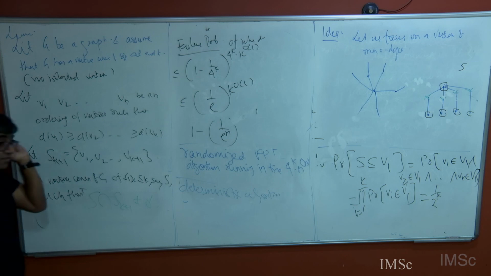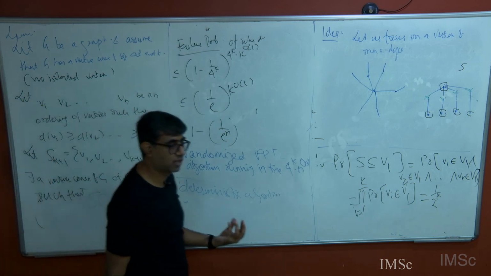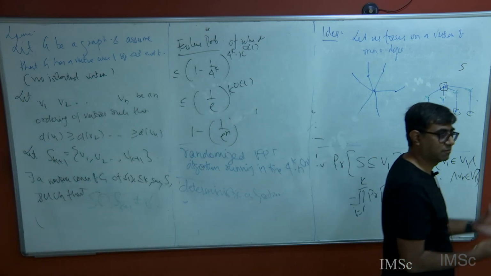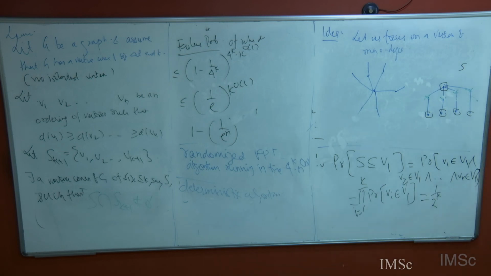I'm saying there exists a vertex cover of G of size at most k, say S, whose intersection with the top k plus 1 vertices is non-empty. I don't know whether the first one is in the solution or the second one, but I can guarantee you that if you pick the top k plus 1, one of them goes into a solution. If you find it difficult to prove with k plus 1, try to prove with 10k, 20k, anything, and I will be happy.